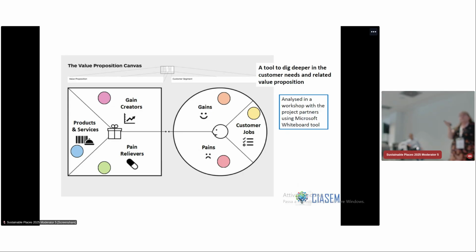These project partners are partly the stakeholders that are mentioned there, and partly the product or service providers.